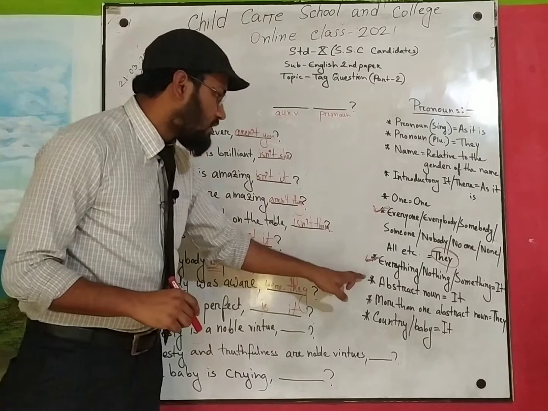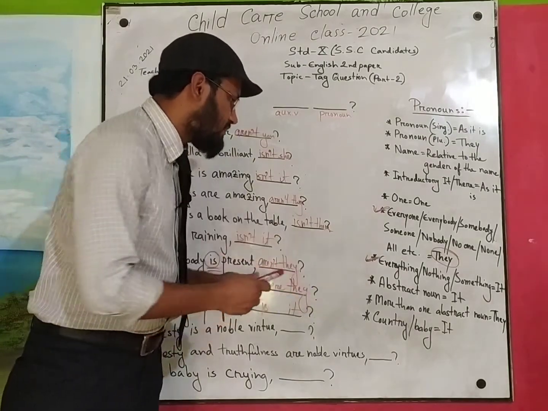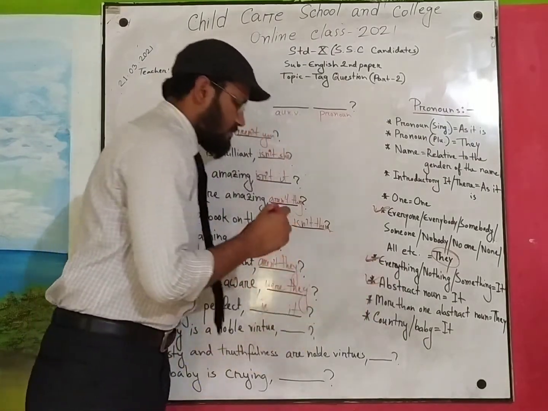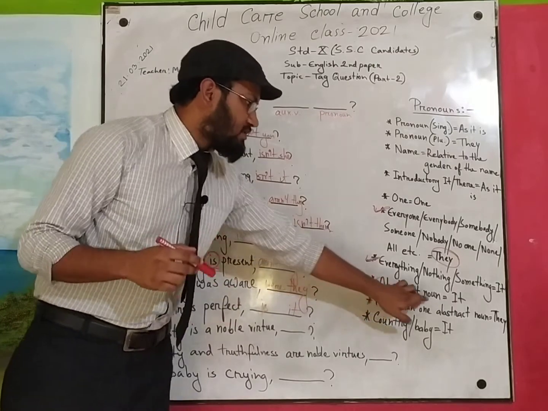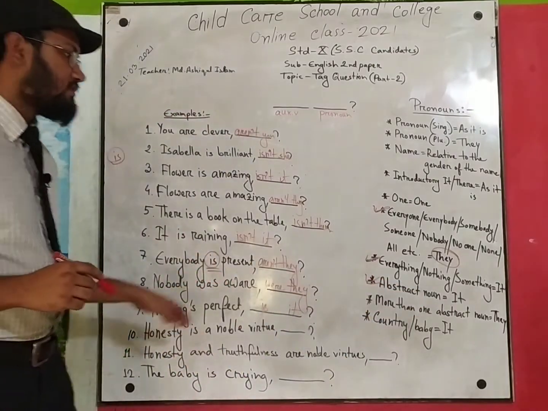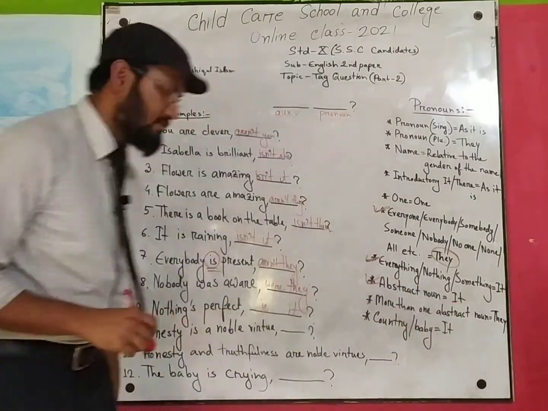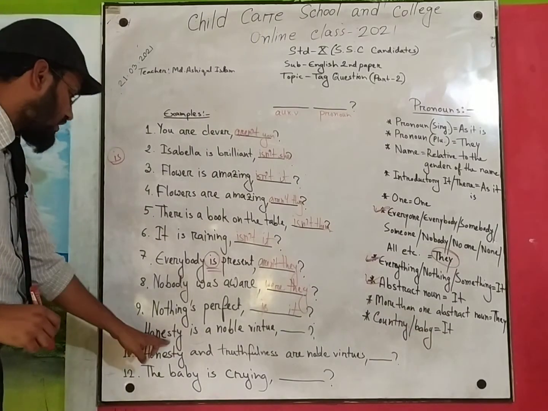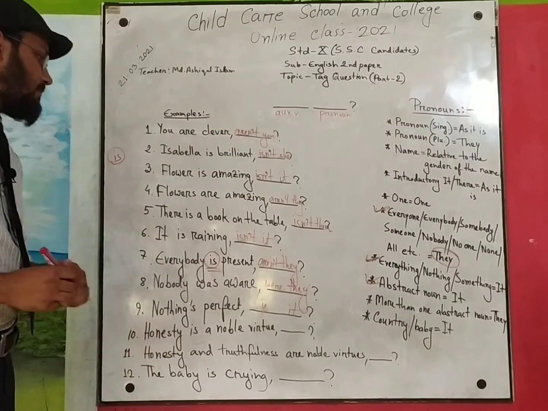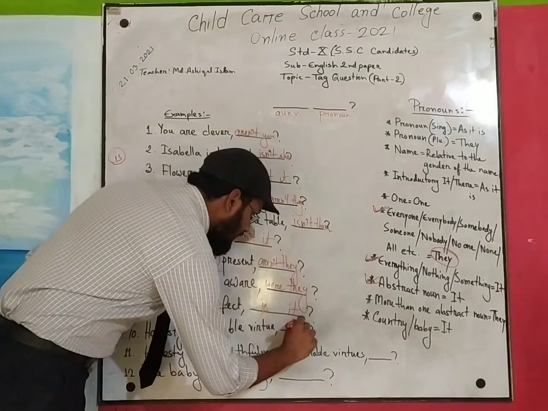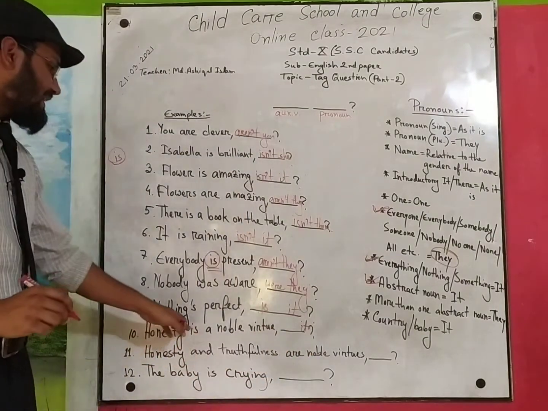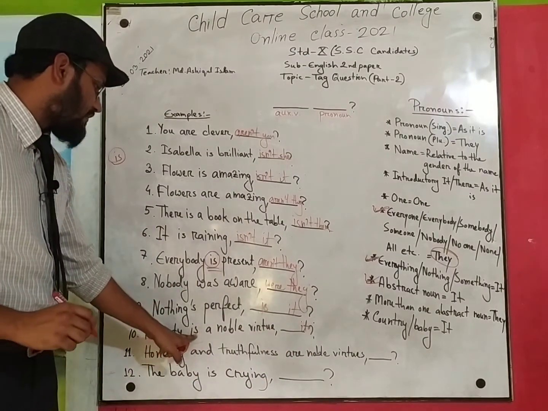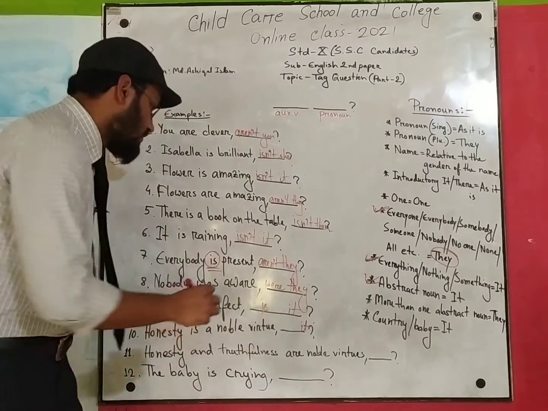The 10th one says honesty is a noble virtue. Here we have abstract noun. All right, this is also important. If you see abstract noun as a subject, our pronoun will be it. So for this word honesty, which is an abstract noun, our pronoun will be it. Honesty is a noble virtue. So here we have our auxiliary verb, and we will use it to make our tag.